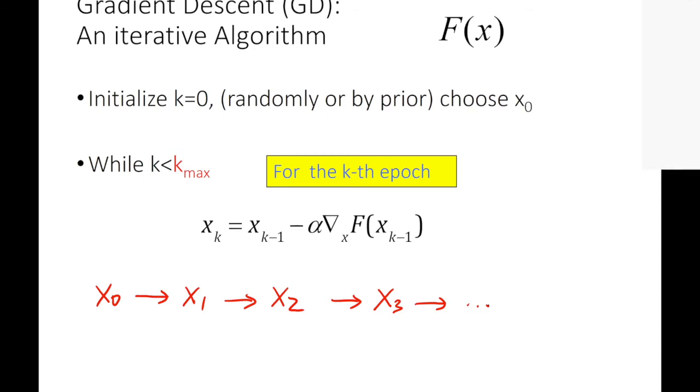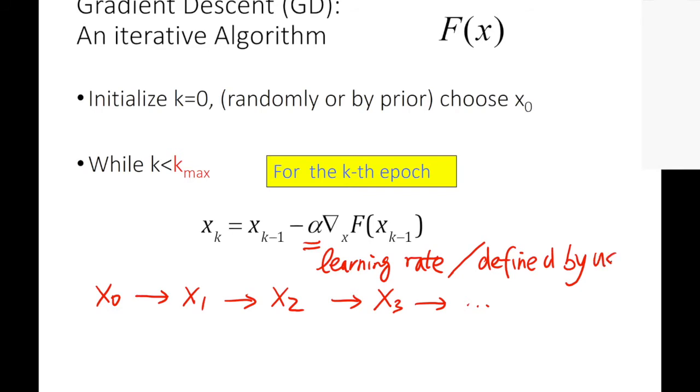And this step from x_{k-1} to x_k follows a really odd, weird looking function. It's x_k equals x_{k-1} minus alpha times the gradient. Alpha is actually a hyperparameter, called the learning rate. It's defined by the designer, the user, so you can think of this alpha as given.